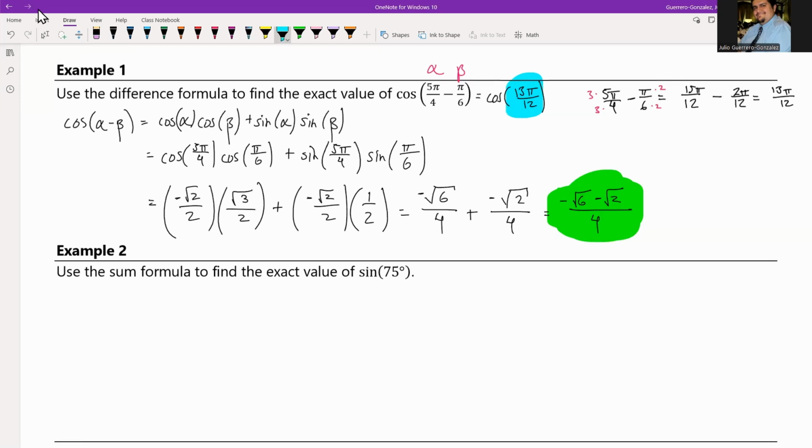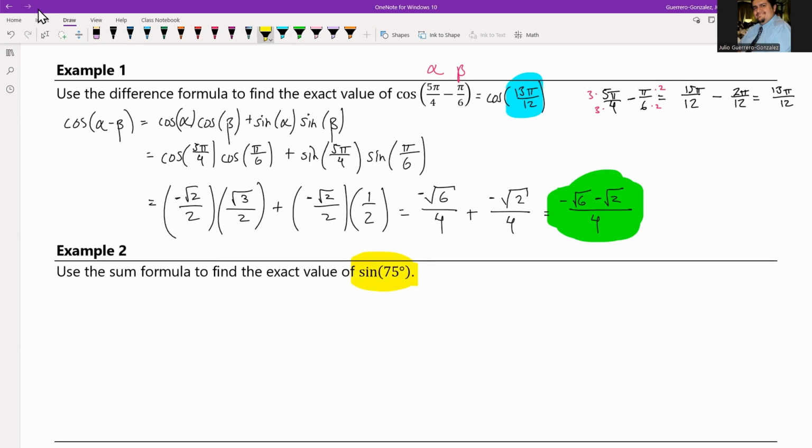Okay. So in example 1, I gave you the breakup. I gave you the 5 pi over 4 and the pi over 6. That made the 13 pi over 12. Most of the time, you get something that looks like this, sine of 75 degrees. That's going to be one of the WTFs. Like, what do I do? Well, however you can figure it out is fine.